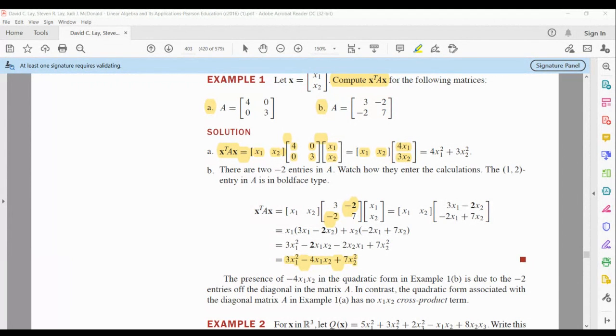So there was no cross product term. There was no x1, x2 term in that quadratic form.